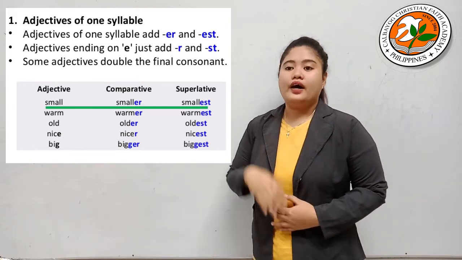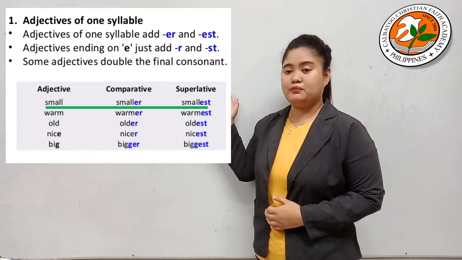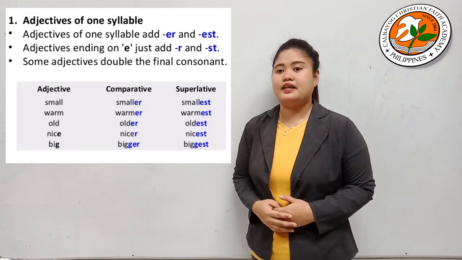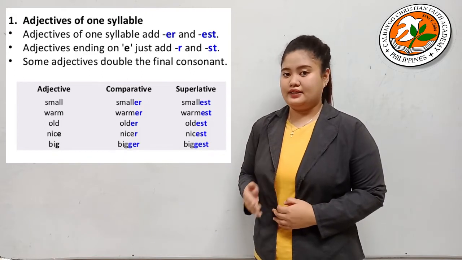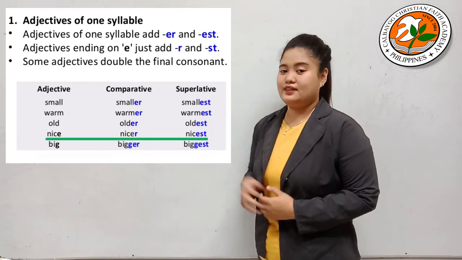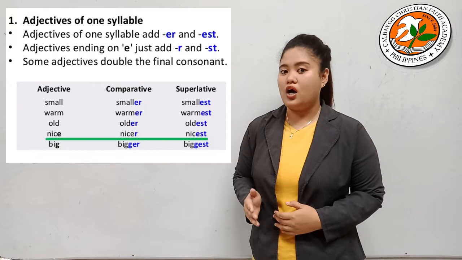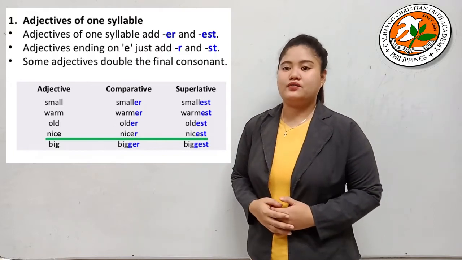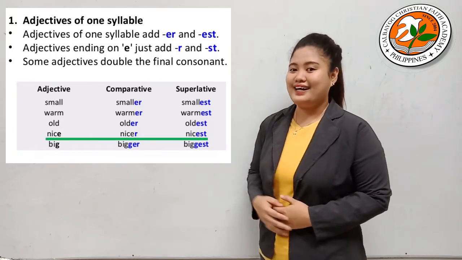In the superlative degree, we add EST and it becomes smallest. For adjectives ending in E, we just add R and ST. As you can see in the word nice, in the comparative degree we just add R, so it becomes nicer. In the superlative degree, we add ST, and it becomes nicest.